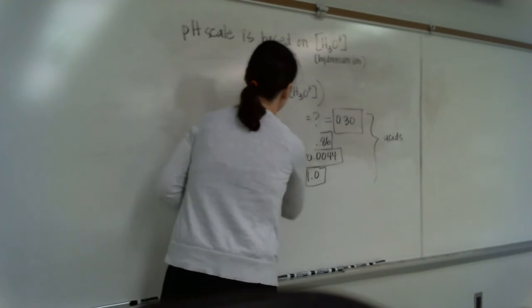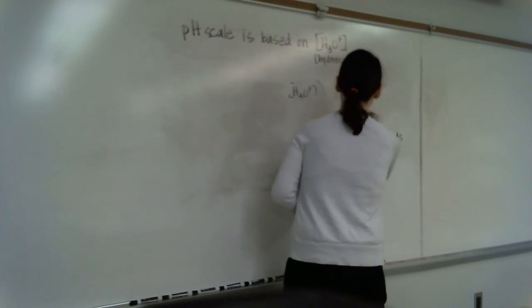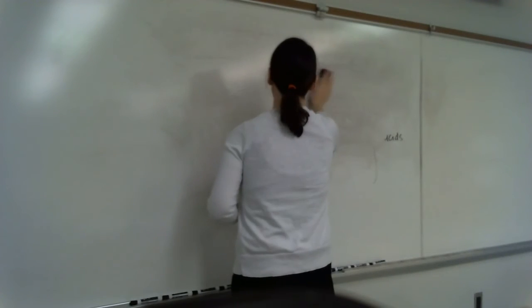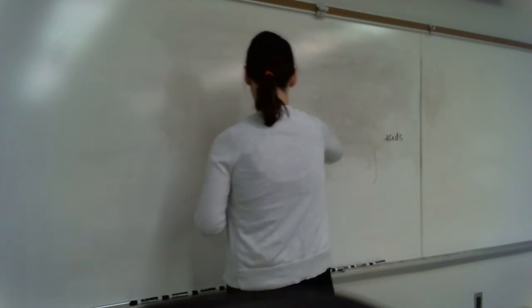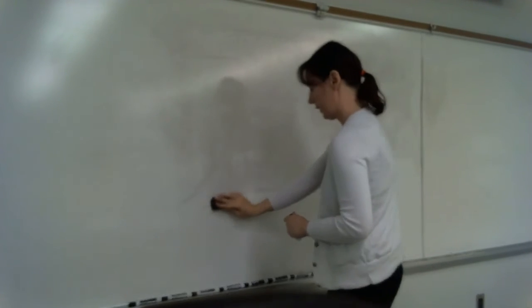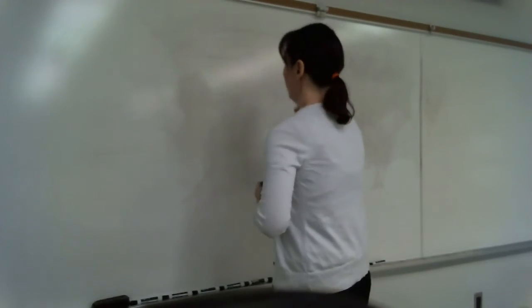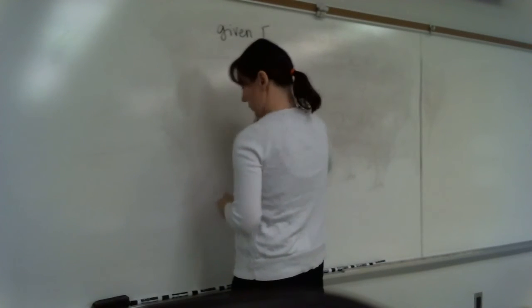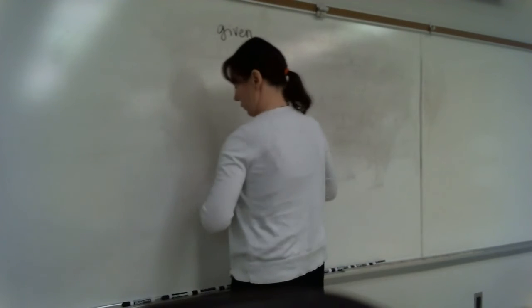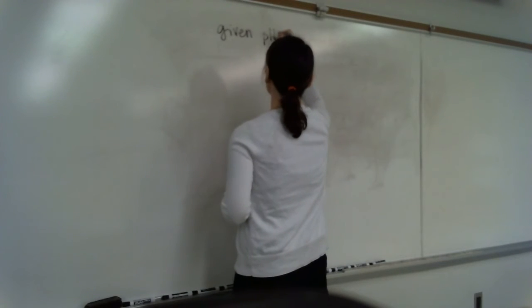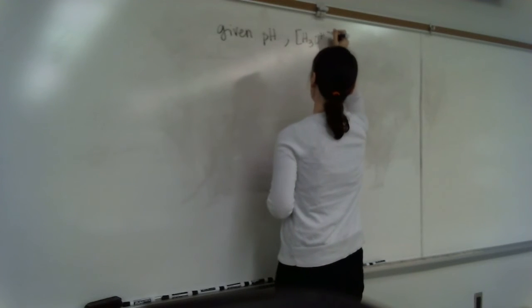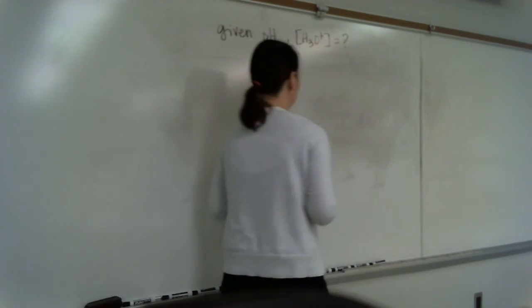Let's go the other direction. What if I give you H3O plus and ask you to give me the pH? Does anyone know how you undo a logarithm? Can you think back to your algebra class? You're given pH and the H3O plus concentration is unknown.